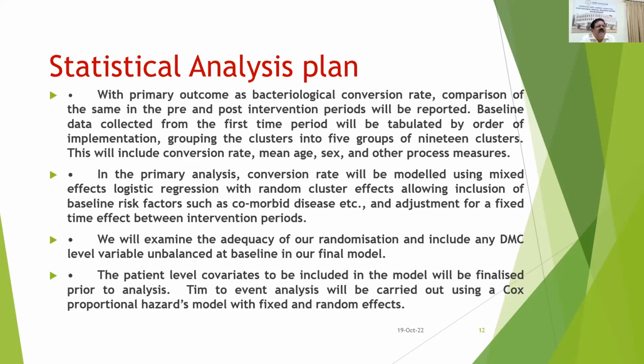We will examine the adequacy of our randomization and include any cluster level variable unbalanced at baseline in our final model. The patient level covariates to be included in the model will be finalized prior to the analysis. Time to event analysis will be carried out using a Cox proportional hazards model with fixed and random effects.